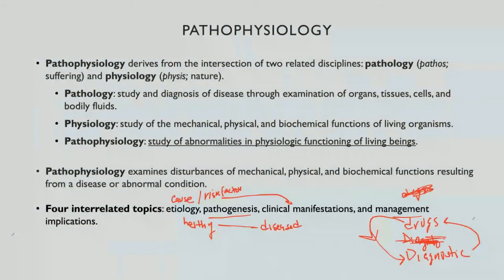But in order to develop this clinical reasoning, this logical thinking, we need to understand very well what the pathogenesis is that may explain the signs and symptoms, and what the most likely etiology is, so I can treat, or prevent complications, or ideally prevent disease altogether.